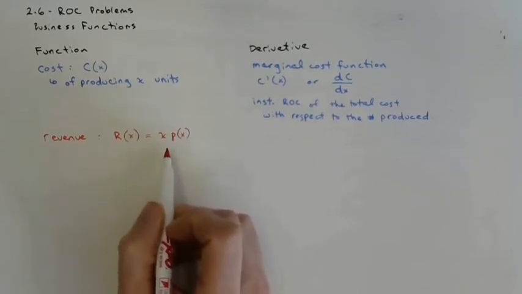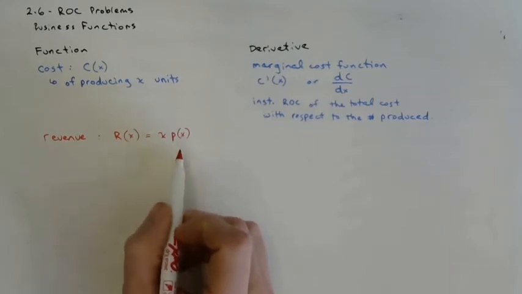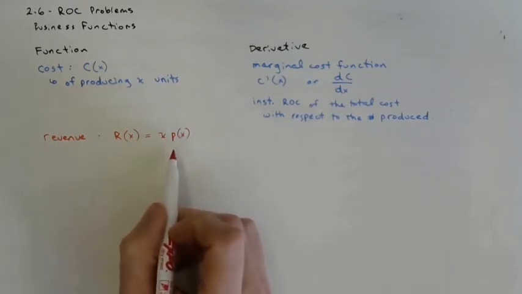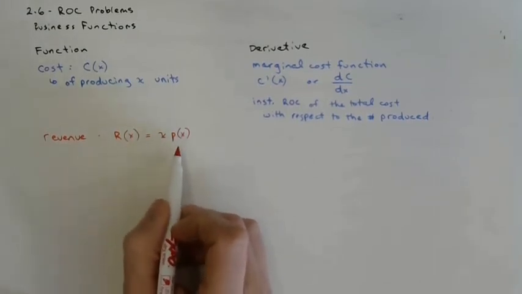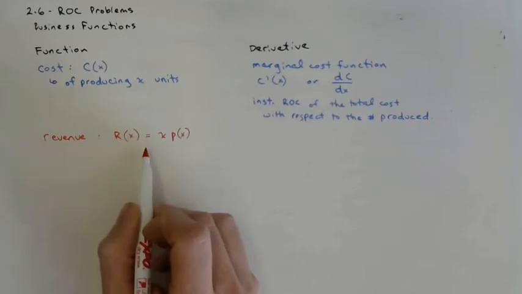I could have done the P of X first to explain what that is. But anyways, revenue is the number that you sell times the price that you sell them for. That's the money that is going to be brought in.